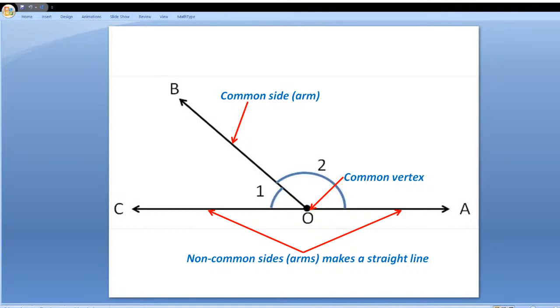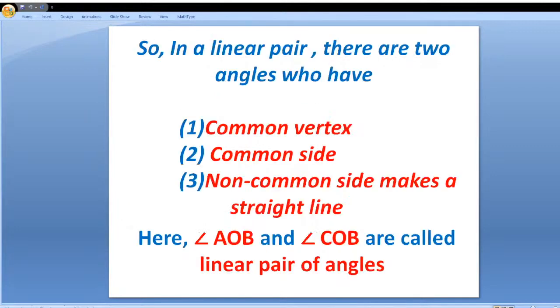Here two angles COB and AOB both are adjacent angles where OB is the common side or common arm, O is the common vertex, and OC and OA are non-common sides or arms, which make a straight line. Then we can see easily that angles COB and AOB both are linear pairs of angles.